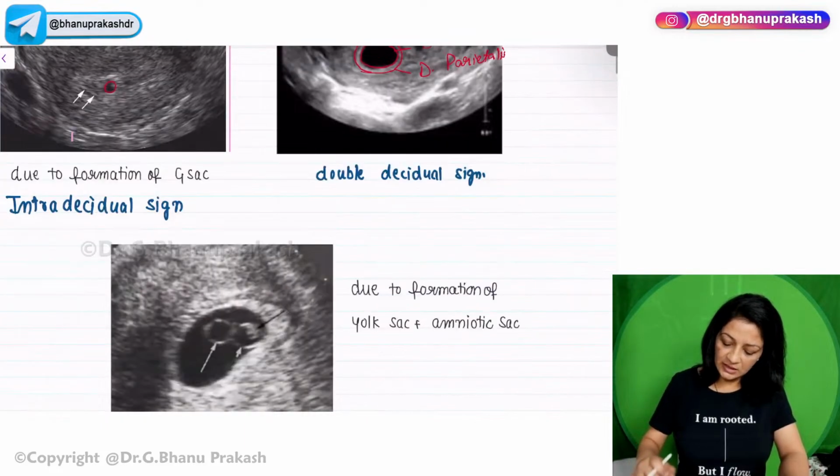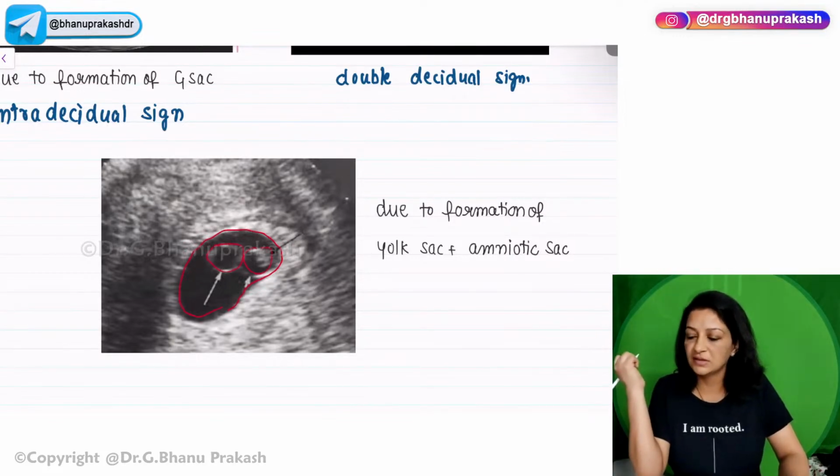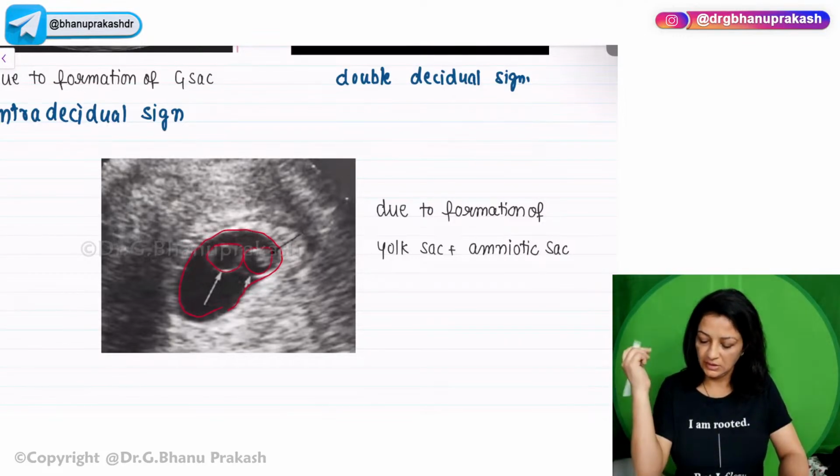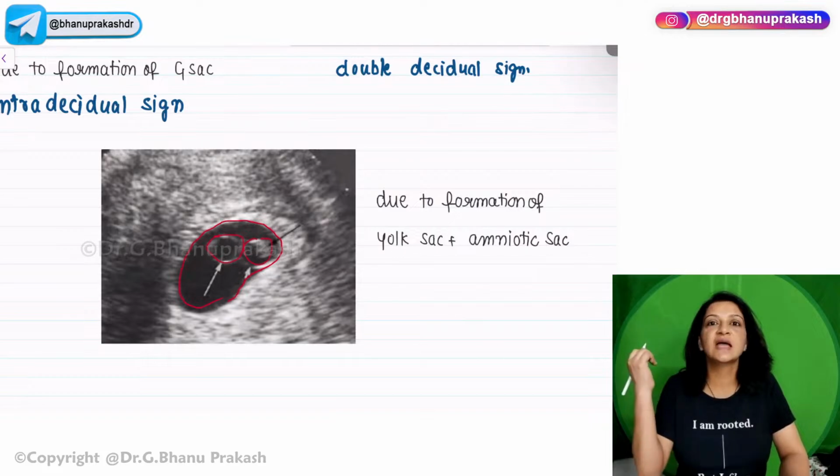And the third one, you can see the gestational sac with two bubbles, due to the formation of the yolk sac and amniotic sac. So what is the name of this sign?